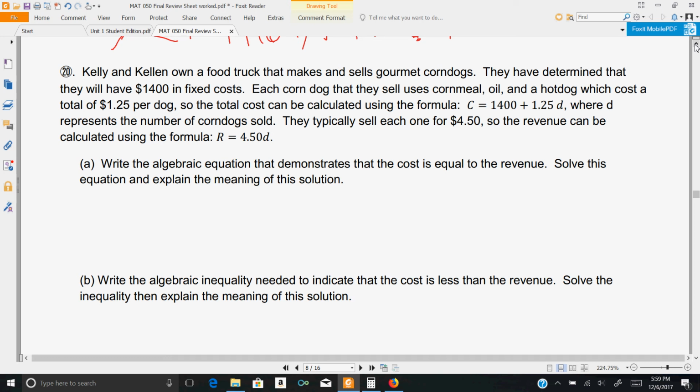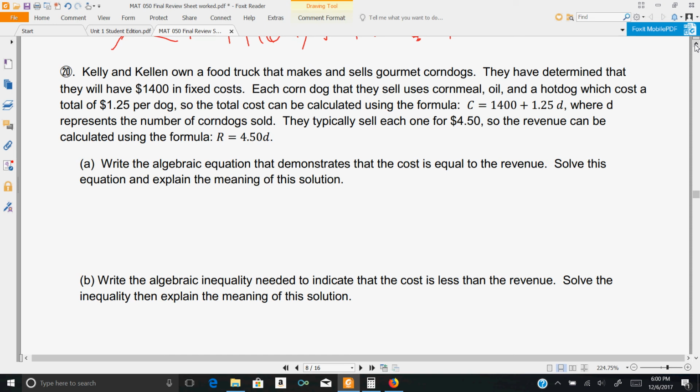So the total cost can be calculated using the formula 1,400 plus 1.25D, where D represents the number of corn dogs sold. They typically sell each one for $4.50, so the revenue can be calculated using the formula R equals 4.50D.